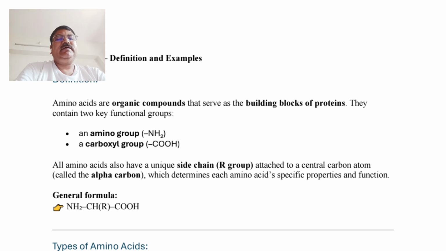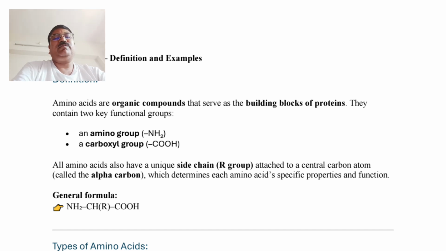Remember that in alpha amino acids, the alpha carbon atom is an asymmetric center, as it contains four different groups: the NH2 group, the COOH group, a hydrogen atom, and the R group side chain.